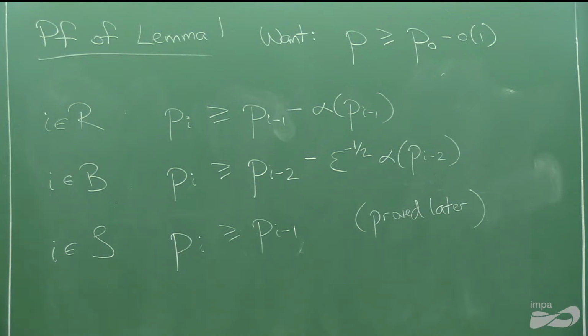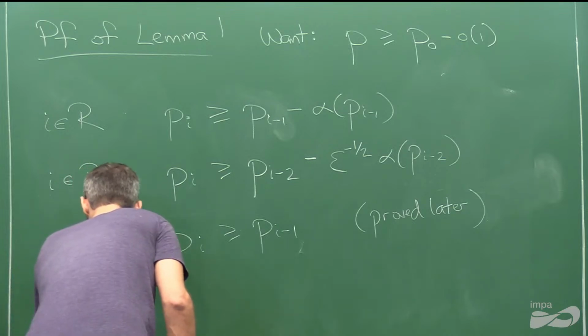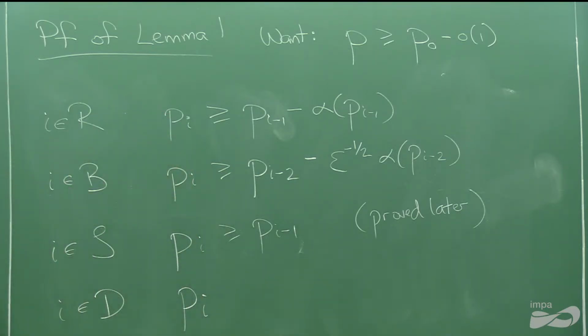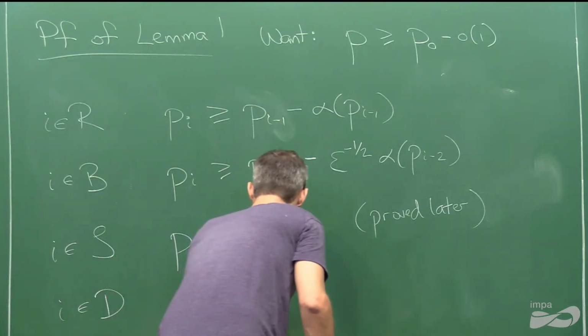And then finally, I is in D. What can you tell me? At least pi minus. Yeah, exactly. And why is that? Yeah, exactly.